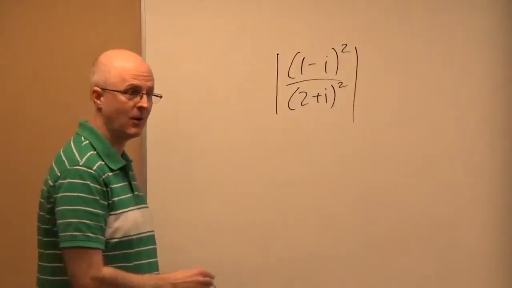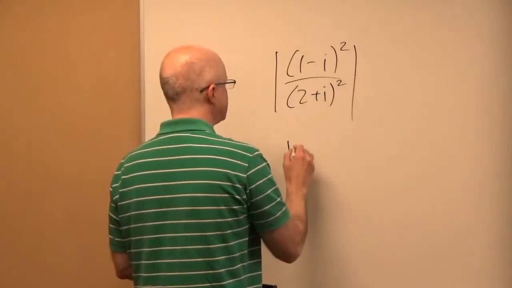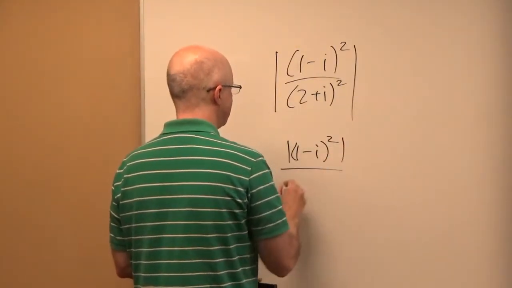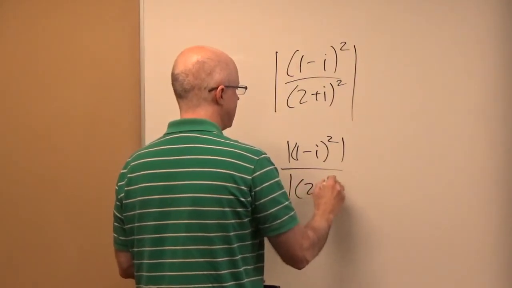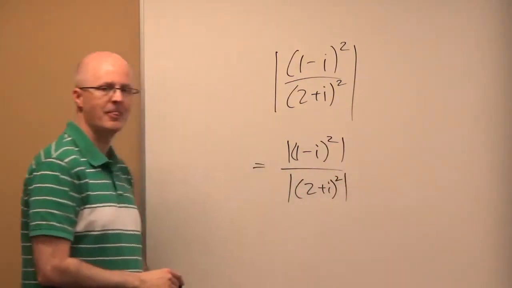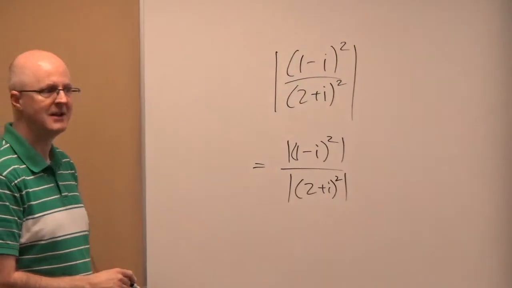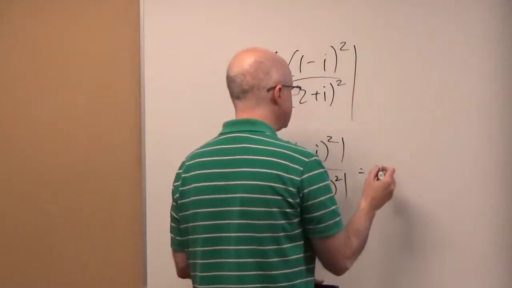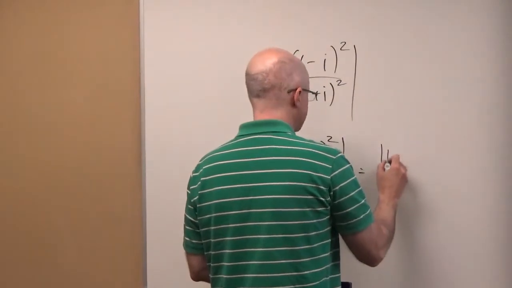The modulus of a quotient is the quotient of the moduli. Like that. And the modulus of a product, for example, the modulus of a square of a complex number is the square of the modulus. You could write this.